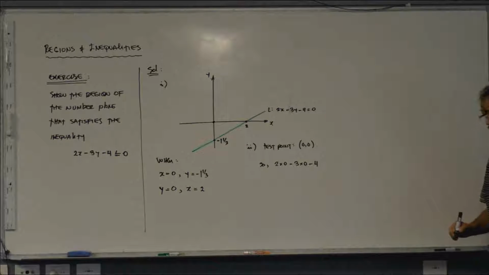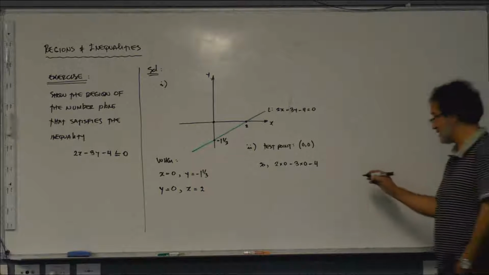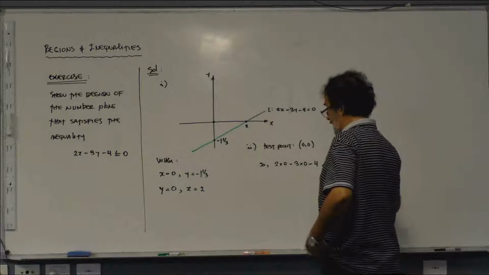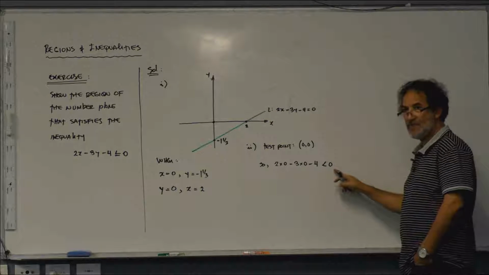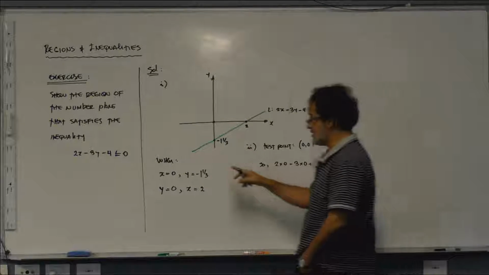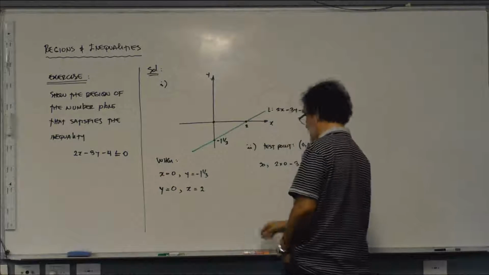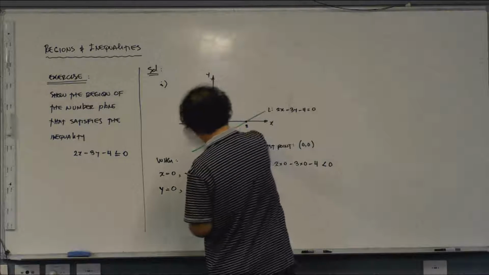Okay, so is that clear? That is a negative, so it's less than 0. So that means that it satisfies this inequality, so that means that we need to shade the top bit.